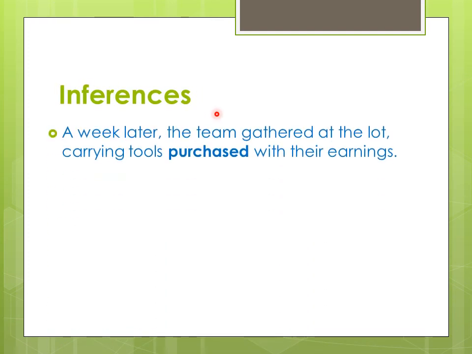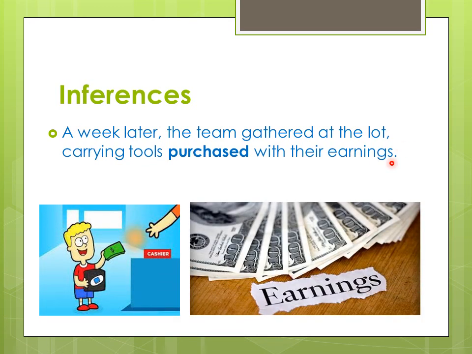The last one is the inferences. A week later, the team gathered at the lot, carrying tools purchased with their earnings. The context clue earnings implies that the word purchased means bought. So earnings is the money.